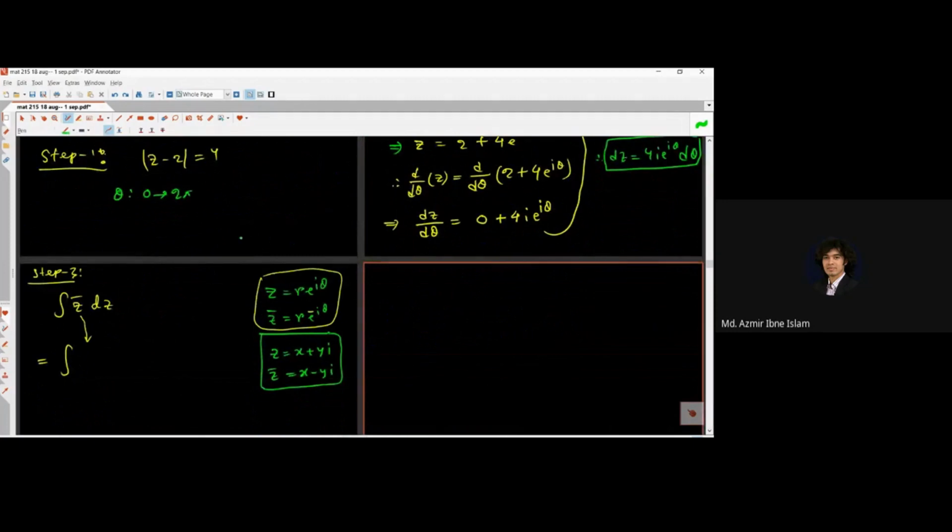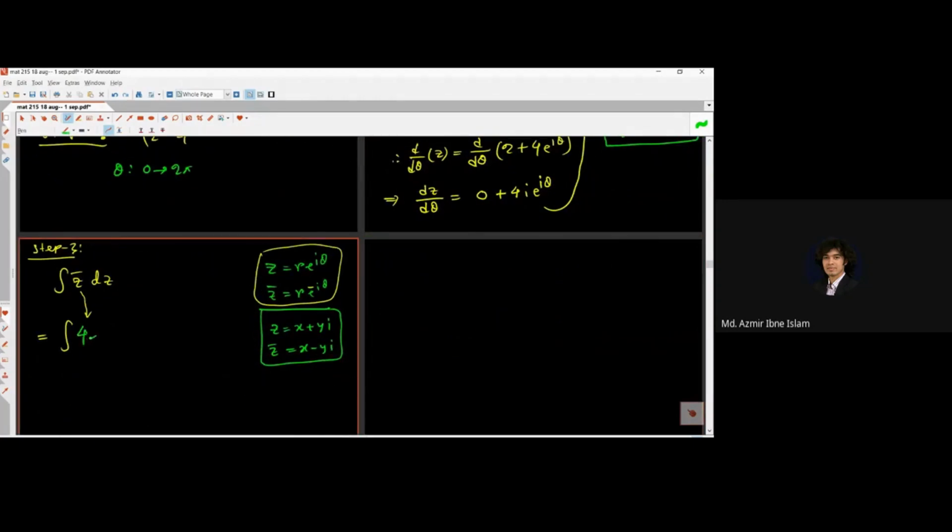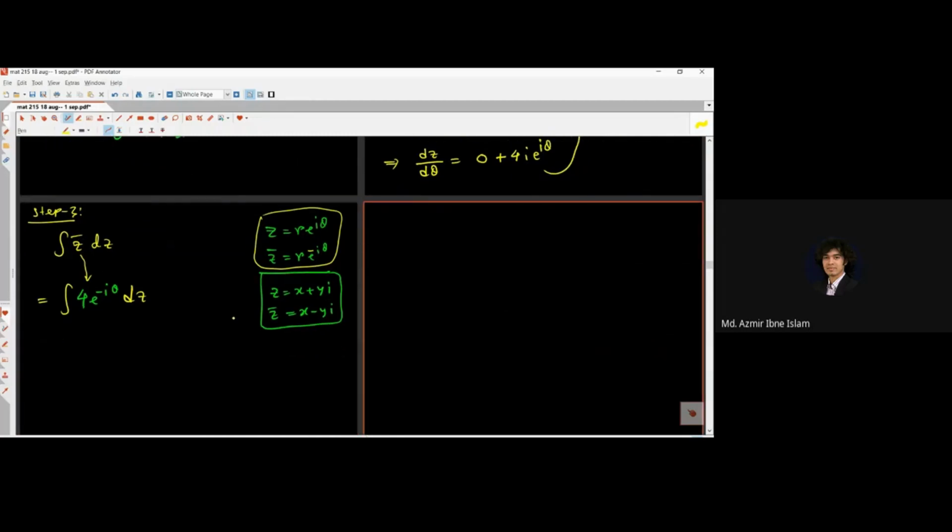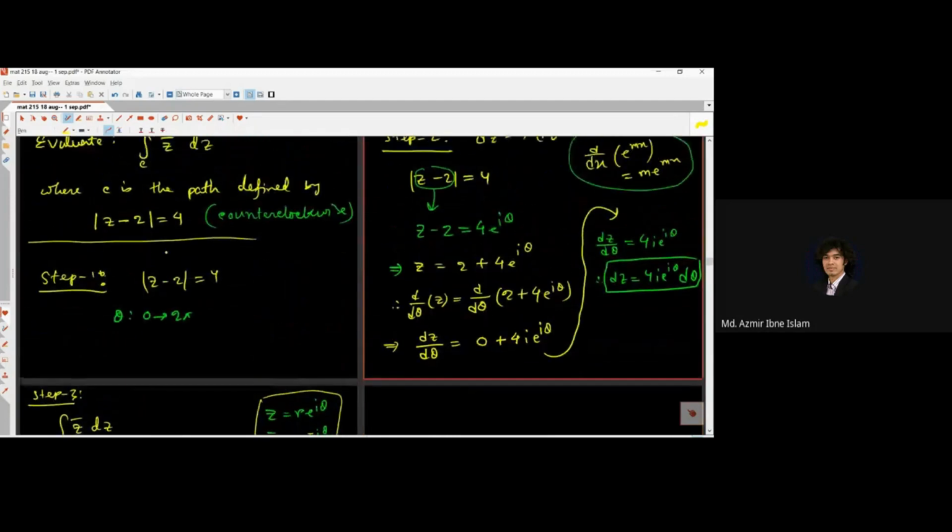So it will be 4 e to the power minus i theta dz. Is that okay? We have just converted z bar. Clear? Yes, sir. In this part, r is 4 because from our region we can see that the modulus of z negative 2 is equal to 4.